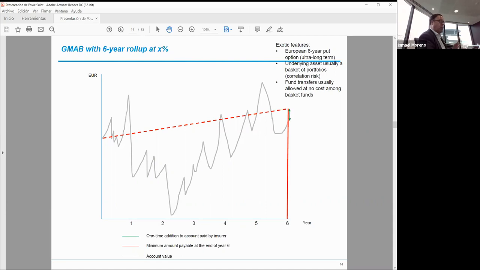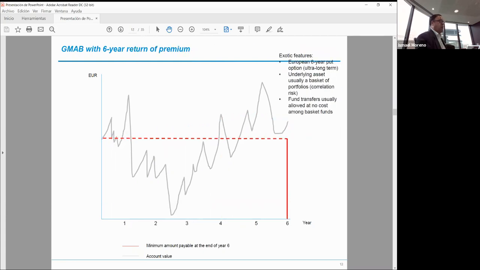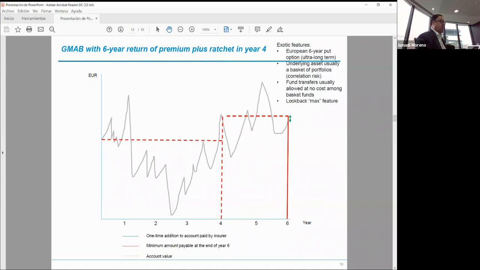Remember, it's a European put, not an American put. But still, the value can accrue some interest. This is classic in the old days. There were roll-ups. Now it doesn't. Now it really doesn't. The classic GMAB that is being sold now is this one, the plain one with just a flat return of premium.